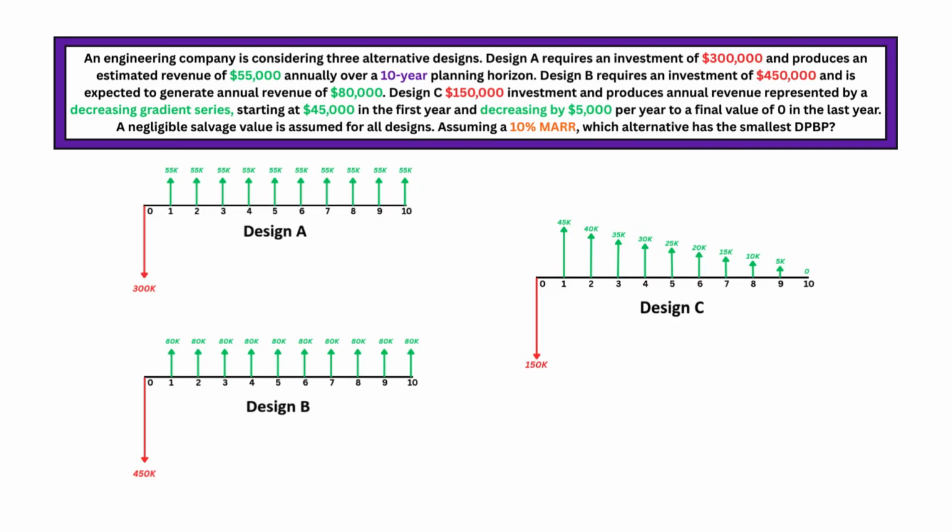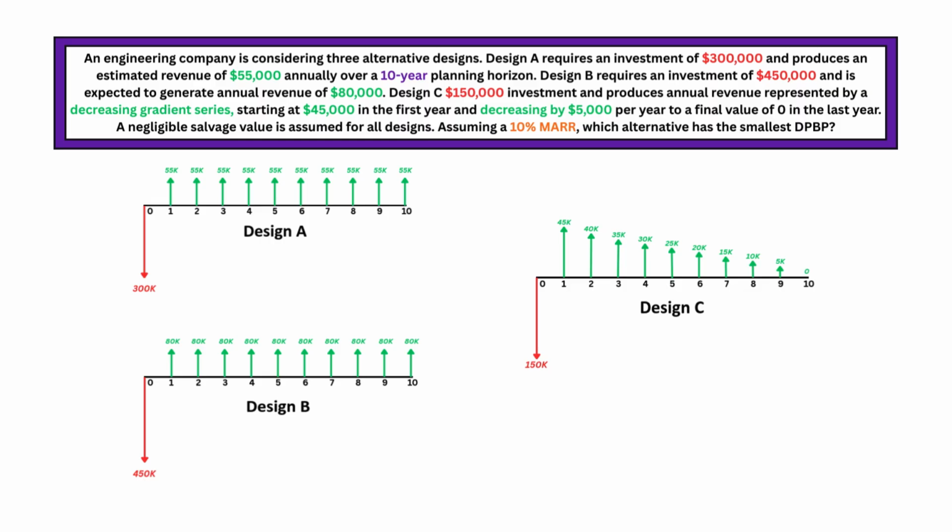Let's look at an example. An engineering company is considering 3 alternative designs, each differing in complexity, cost, and predicted revenue. The first alternative, Design A, requires an investment of $300,000 and produces an estimated revenue of $55,000 annually over a 10-year planning horizon. The second alternative, Design B, requires an investment of $450,000 and is expected to generate annual revenue of $80,000.